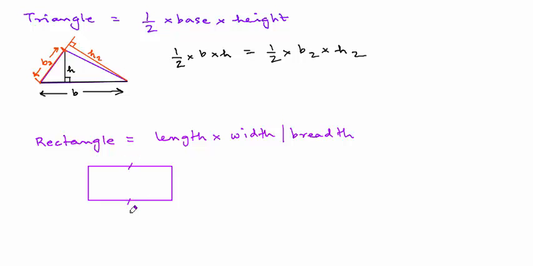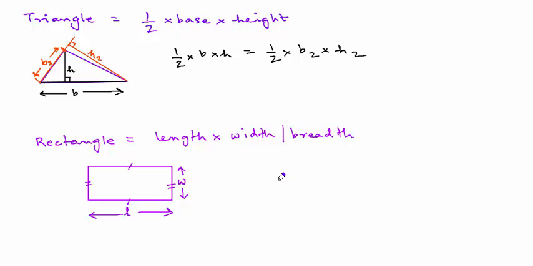So let's call this L from here to here. And if this one is W from here to here, this side is the same length as this side. So the area is going to be equal to L times W. And if the rectangle is a square, which essentially means L is equal to W, L times W is the same as L times L, which is L squared.